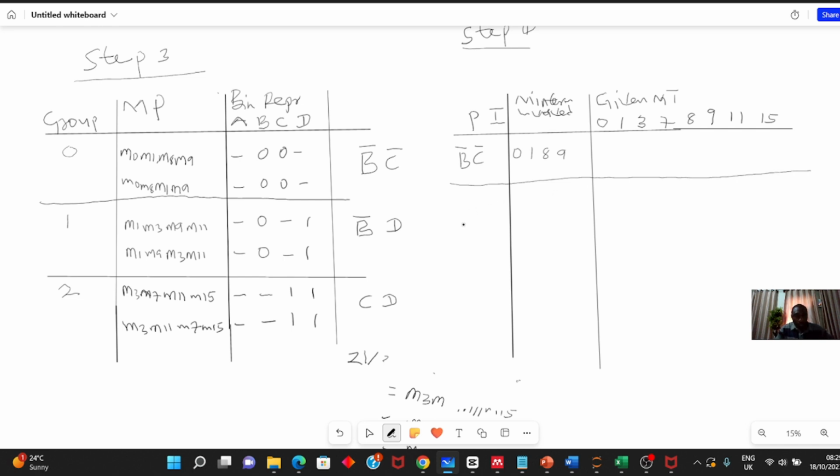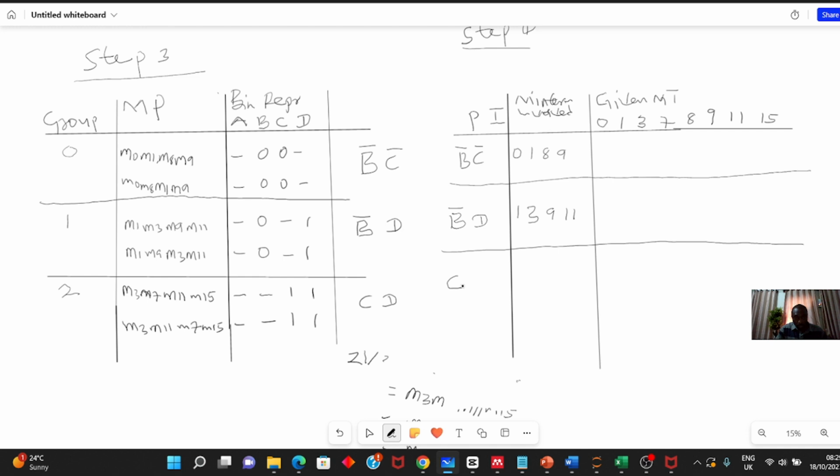For the second PI, we have B bar D. So we have 1, 3, 9, and then 11.